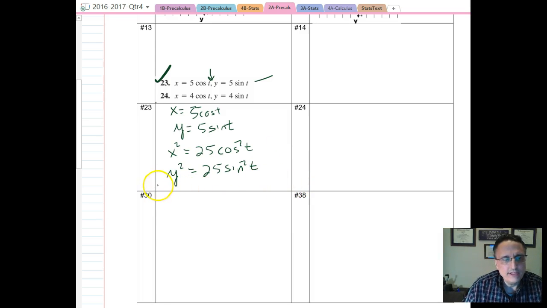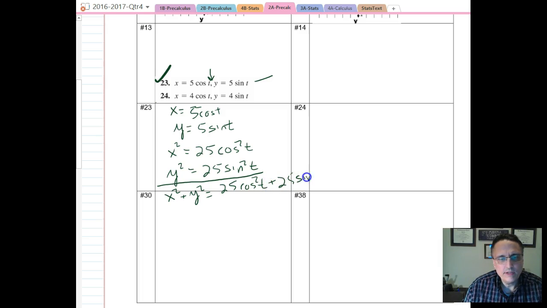And now I can add these two equations together, and I will get on the left side x squared plus y squared. And over here I get 25 cosine squared t plus 25 sine squared t. You probably see where this is going. But over here I can factor out a 25 common factor, and it gives me cosine squared t plus sine squared t.